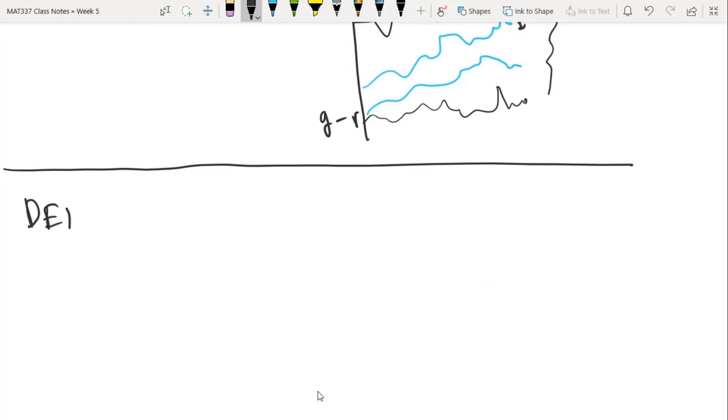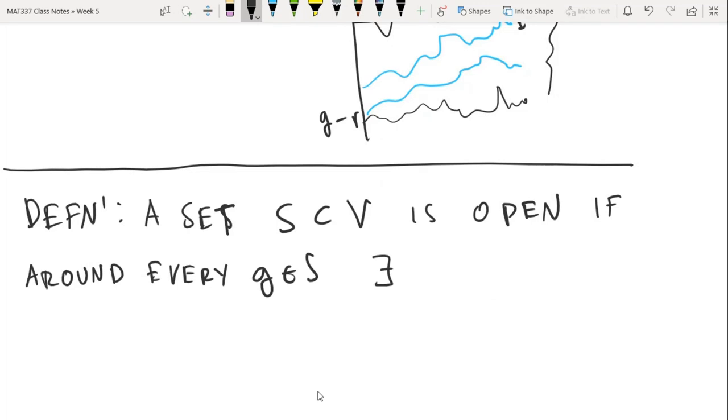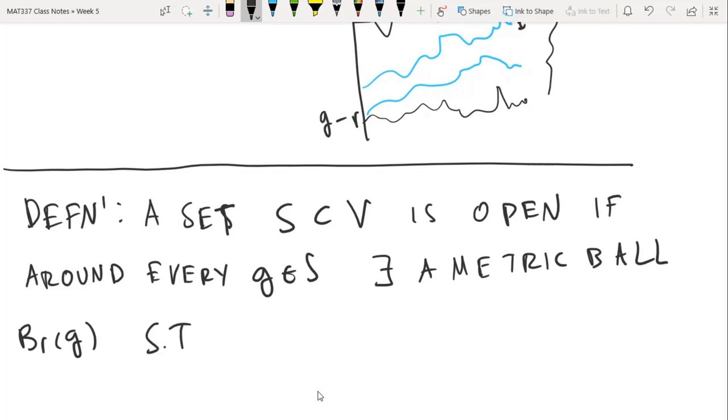All right, then the definition for open. A set S inside the vector space is open if, as in chapter 2, around every element in S, there exists a metric ball B_r of g such that the ball is fully contained in the set.